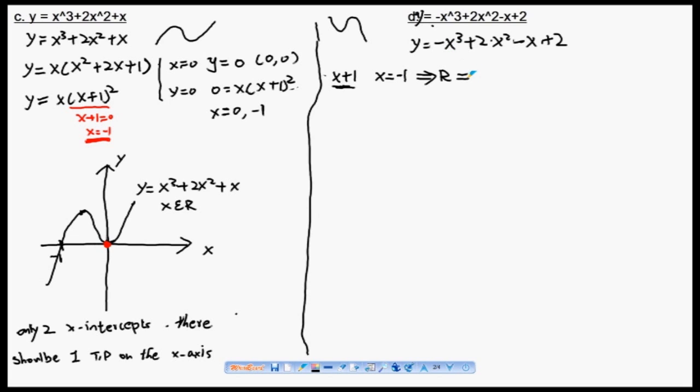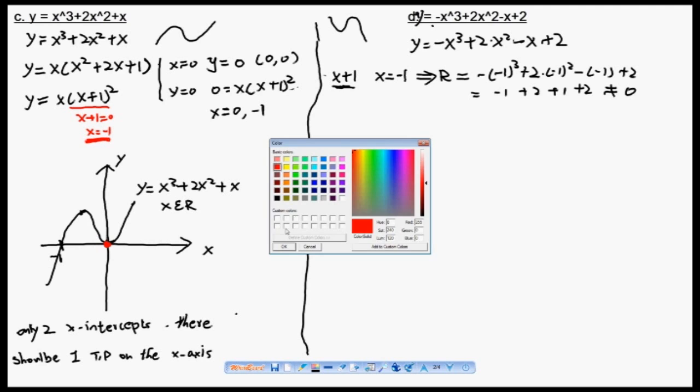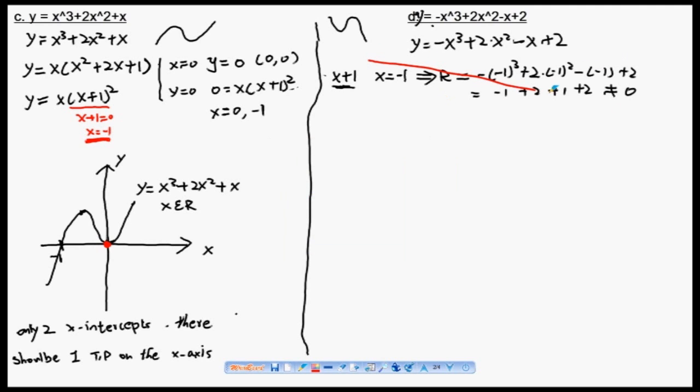So I will have minus 1 cubed plus 2 times -1 squared minus 1 plus 2, which is -1 plus 2 plus 1 plus 2, which is not 0, so this is not a factor.